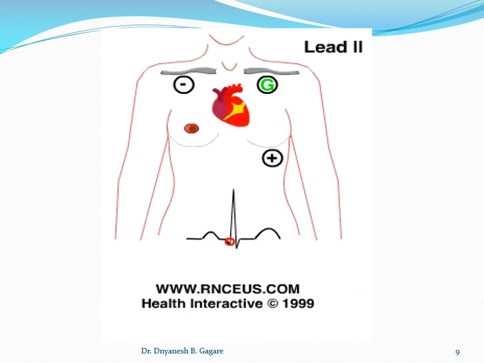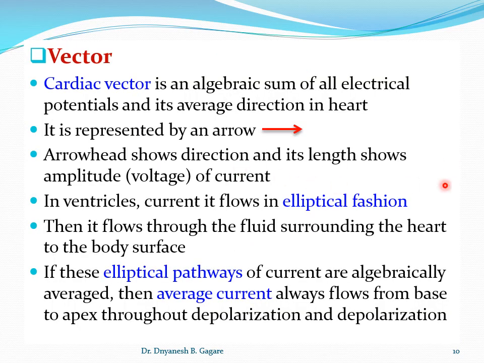Students, in the previous class we also studied what a vector is. You know, a vector is the algebraic sum of all electrical potentials and its average direction. So the arrow on the diagram indicates the direction of the current and the sum of all electrical potentials.